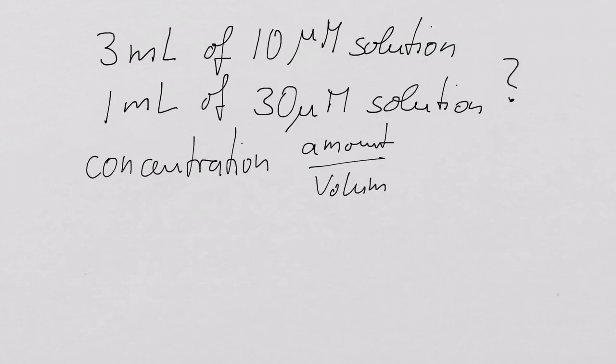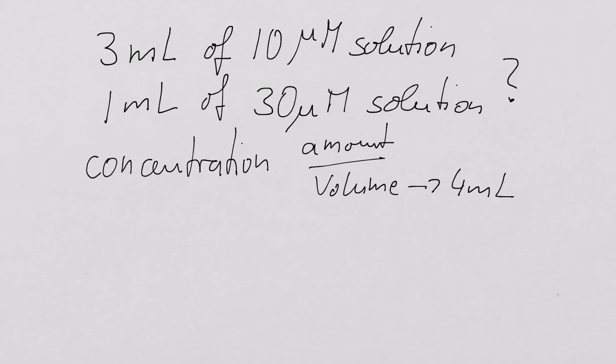Excellent. Do we now know what our volume is? What's the volume? 4. Why? I mix 3 milliliters plus 1 milliliter. So the volume is 4 milliliter. Yeah? Make sense? So we have our volume.